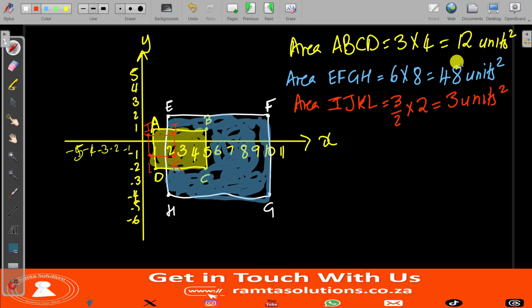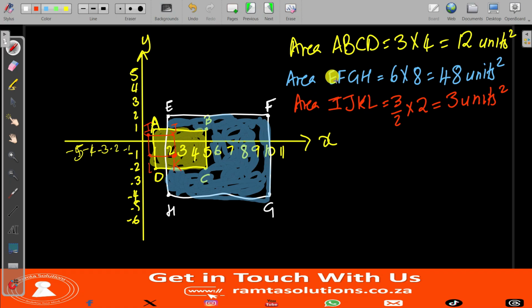When you look at the areas, the area of the image over the original, you will realize this. Look at the image for EFGH. It's 48, and the original is 12. What is 48/12? It's 4, right? The square root of 4 is 2.